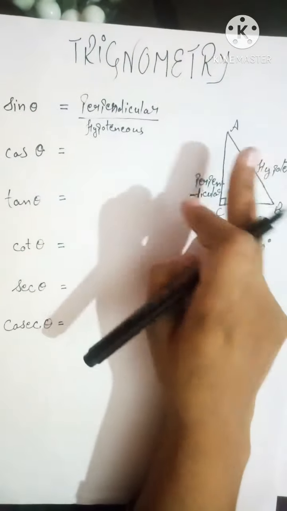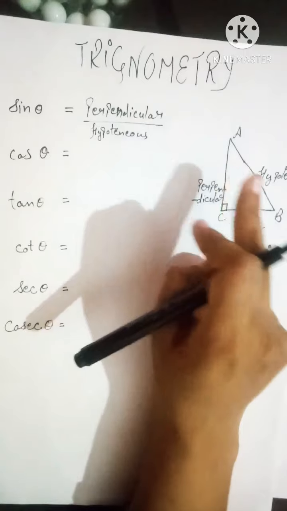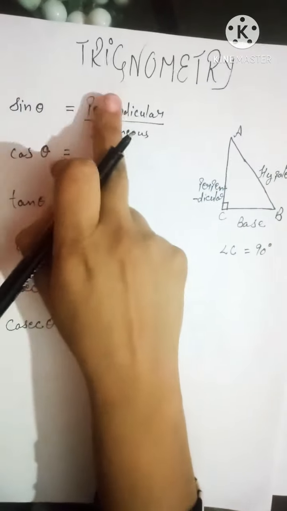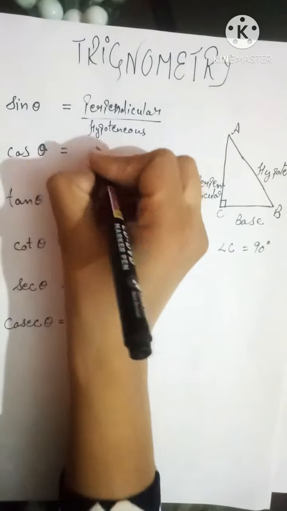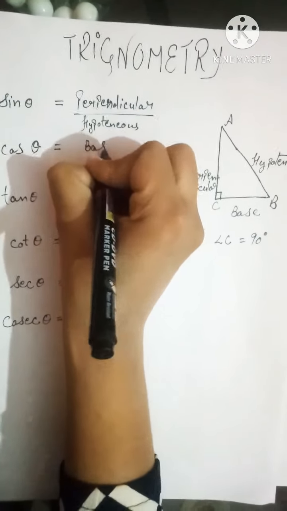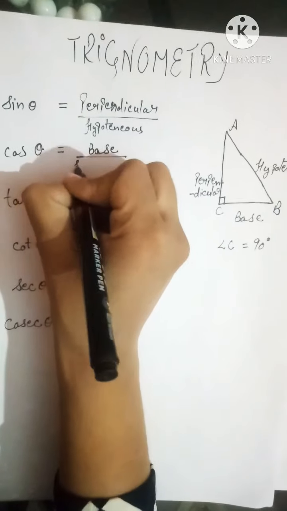If we have this right angle triangle, then we can use it to find sin theta as perpendicular upon hypotenuse. Similarly, cos theta can be found by using base upon hypotenuse.